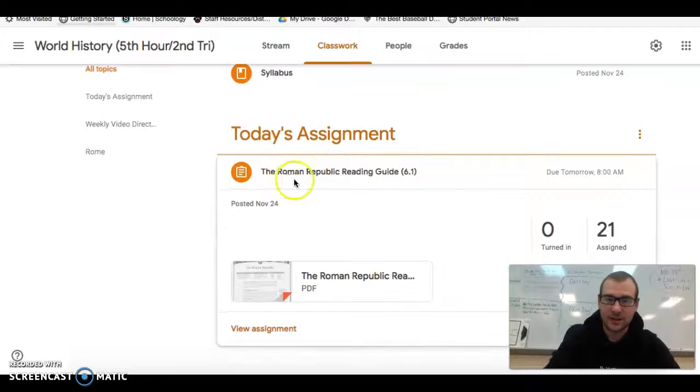So your assignment today is just this Rome Republic reading guide, because when we're talking about Rome, we basically split it in like two parts. The first part's called the Roman Republic, and then the second part's called the Roman Empire. Now with the Republic, it's very much like Greece, where you're voting in politicians, and there's some weird things about the politicians, like how there's basically two presidents and they take turns every day.